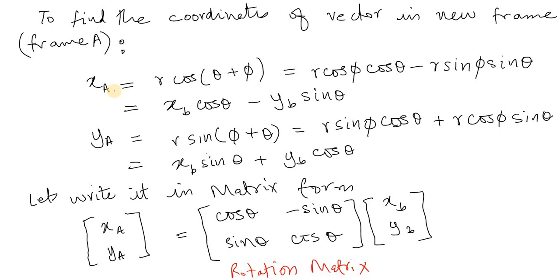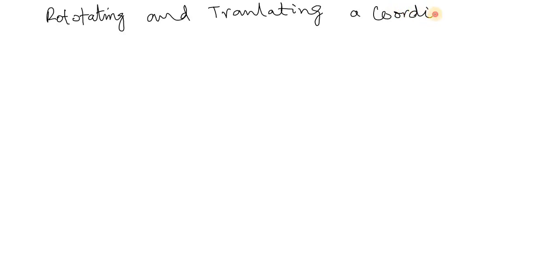Okay, so next we see how we can rotate and translate a coordinate frame. Previously we have seen a lot of rotations of the frame and rotations of the vector, but now we are rotating and translating a coordinate frame.